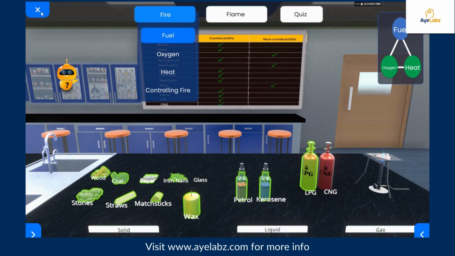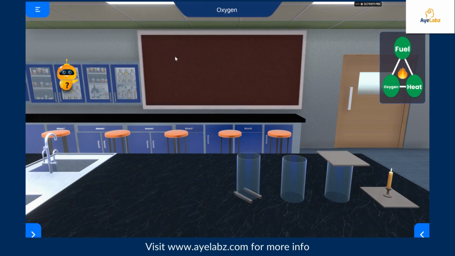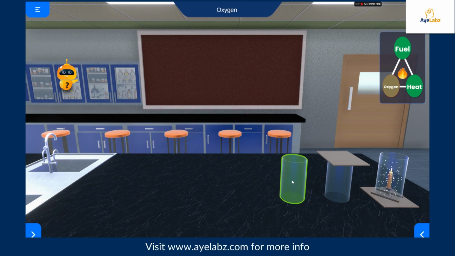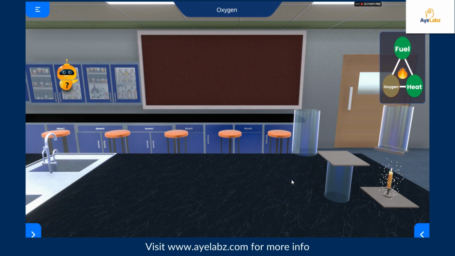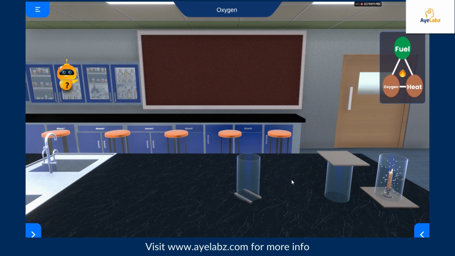Let me take you through the second part under fuel, that is oxygen. Oxygen is the breath of life for fire. Here we have three kinds of glass jar and a candle. The first one is open on both the sides. So the candle is burning now. And what about this glass jar that is open on a single side?